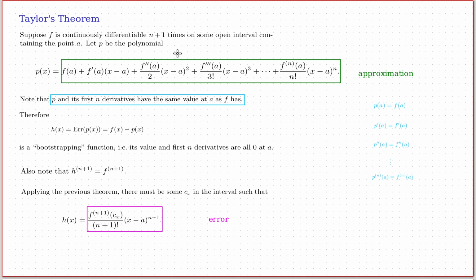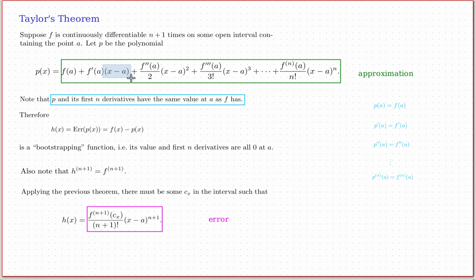And we're going to make it an nth degree polynomial, one less than the number of derivatives that f has, so it'll go up to x minus a to the n. Each one of these terms is going to have a coefficient, and there's also a constant coefficient. All the coefficients will be determined by the derivatives of f. The constant coefficient is just the value of f at a.